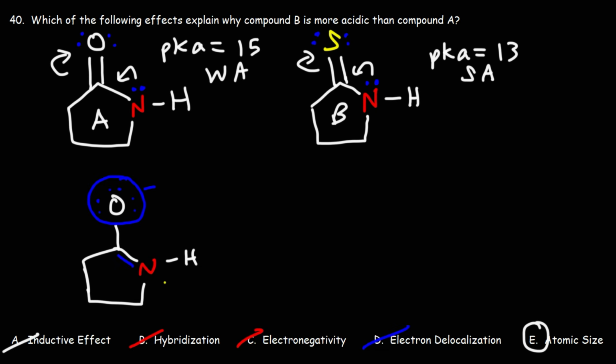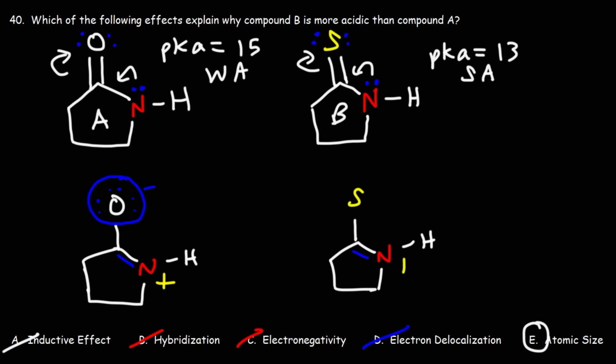The positive charge is now on the nitrogen. If we draw the resonance structure for the other one, it's going to look like this, very similar.